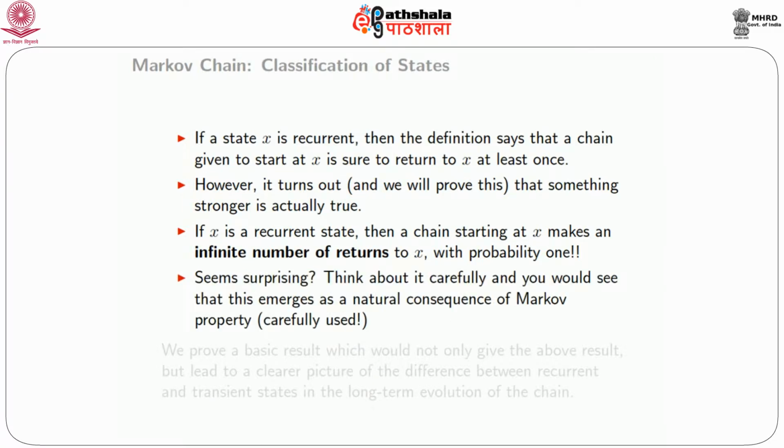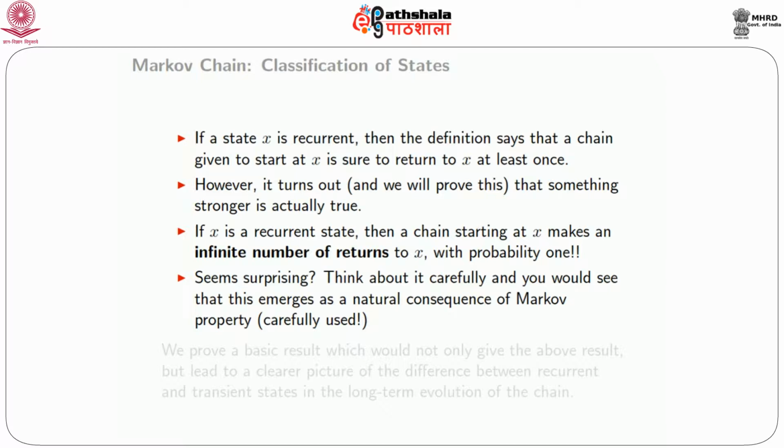Does it seem surprising? Well, think about it carefully and you would see that this emerges as a natural and inevitable consequence of the Markov property, carefully used. Why? Because if state x is recurrent, that means that the chain starting at x is going to return to x with probability 1 at least once.